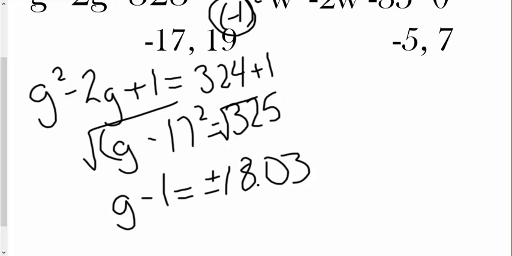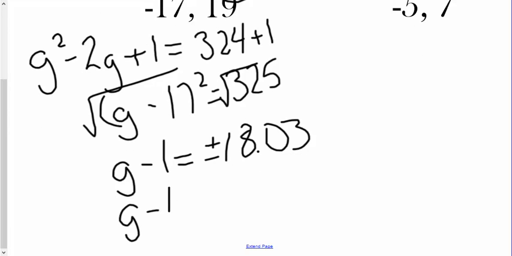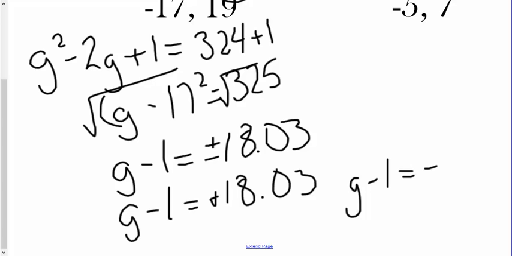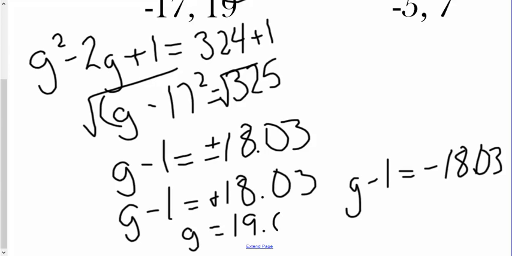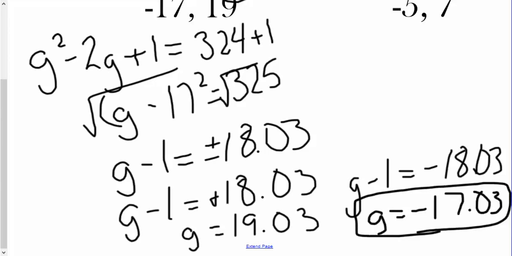So that means either g minus 1 equals positive 18.03, or g minus 1 equals negative 18.03. So g equals either 19.03 or g equals negative 17.03. So if we want to be more accurate, technically we should have those 0.03s in there. So there you go. That's the first one.